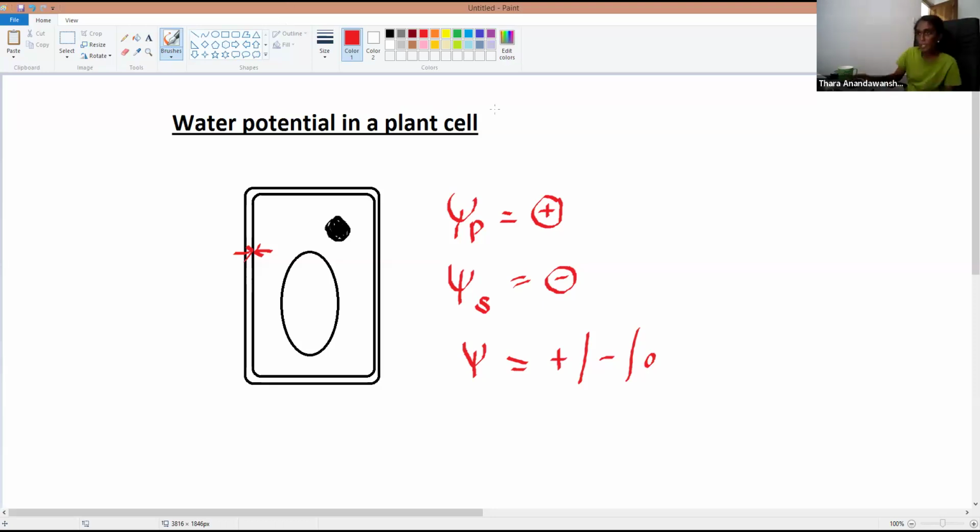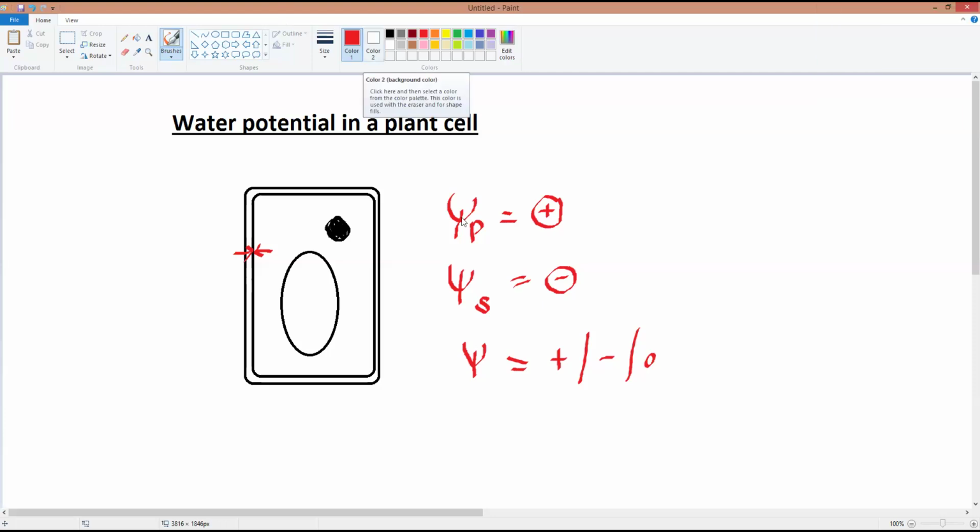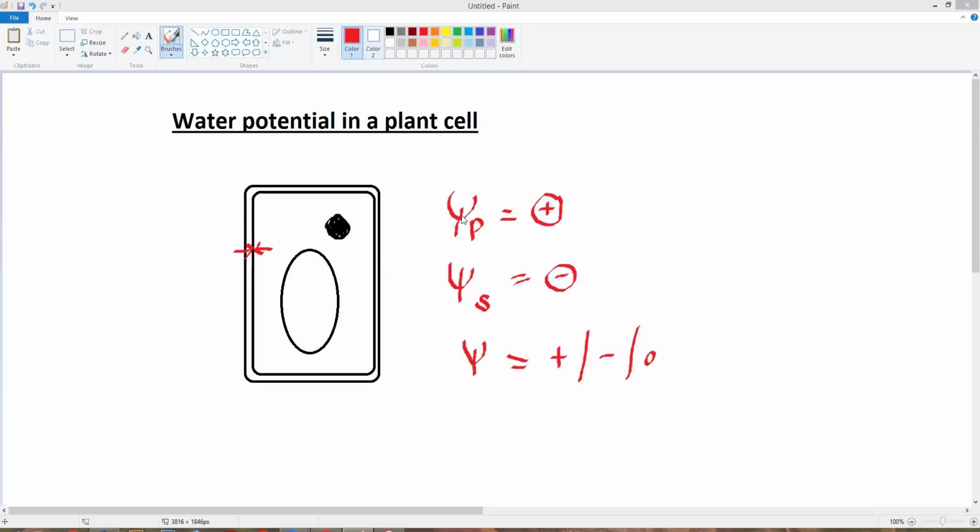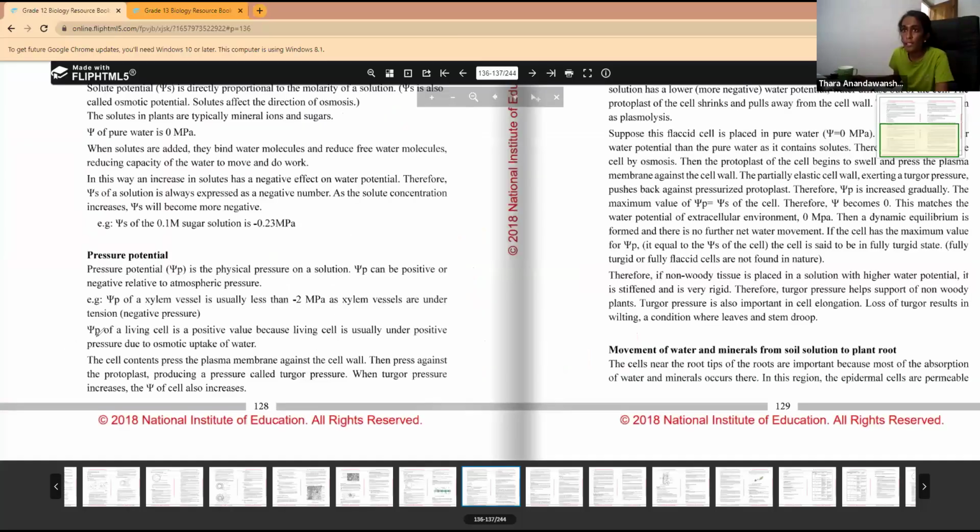Done? Right. Let's go to the book to define these terms and describe these things. Let's first write the pressure potential of a plant cell. It says that psi p of a living cell is a positive value.